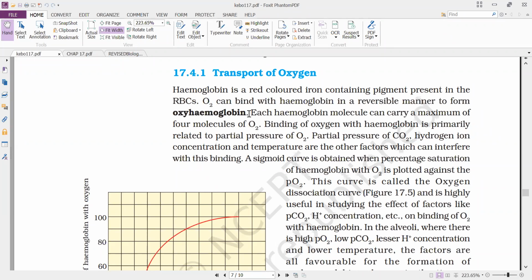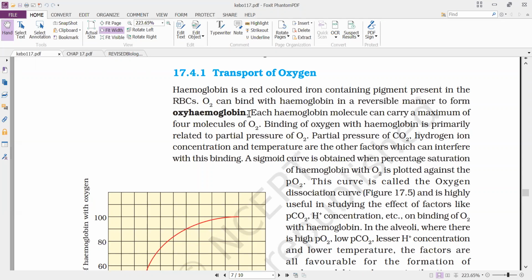Whenever required, it will bind, and whenever it is not required, it will not. Depending upon the partial pressure of oxygen, it will bind with oxygen, or if the partial pressure of oxygen is low, it will leave the oxygen and bind with another molecule. That is why hemoglobin binds with oxygen in a reversible manner and forms a component called oxyhemoglobin.